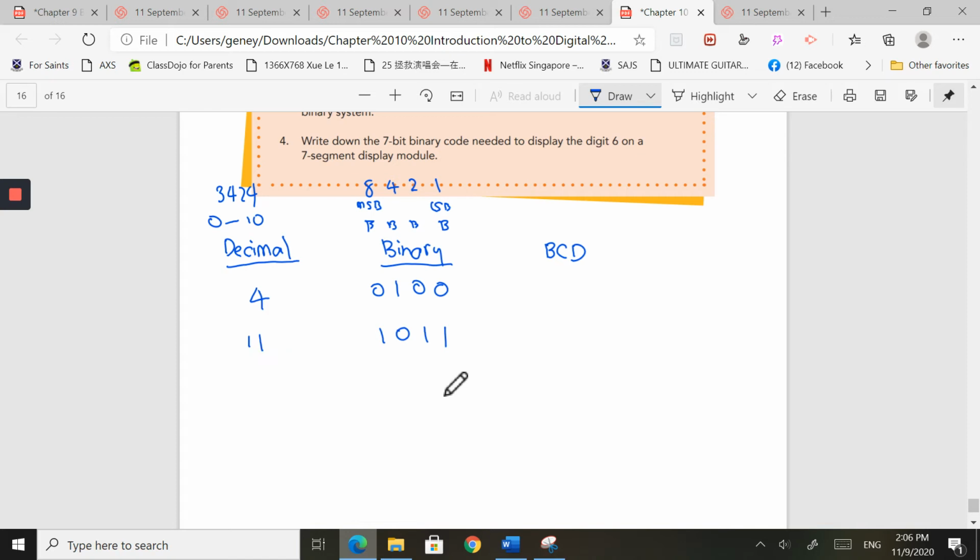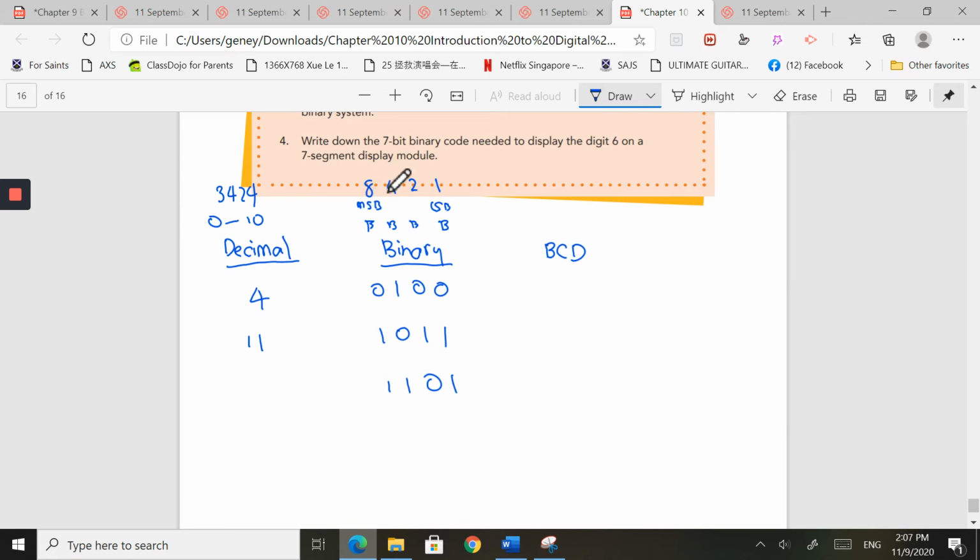Let's say the question asks you to calculate backwards from binary to decimal. Let's say I give you 1101, for example, just a random 4-bit number. If you work backwards, I want the 1, I do not want the 2, I want the 4, I want the 8.